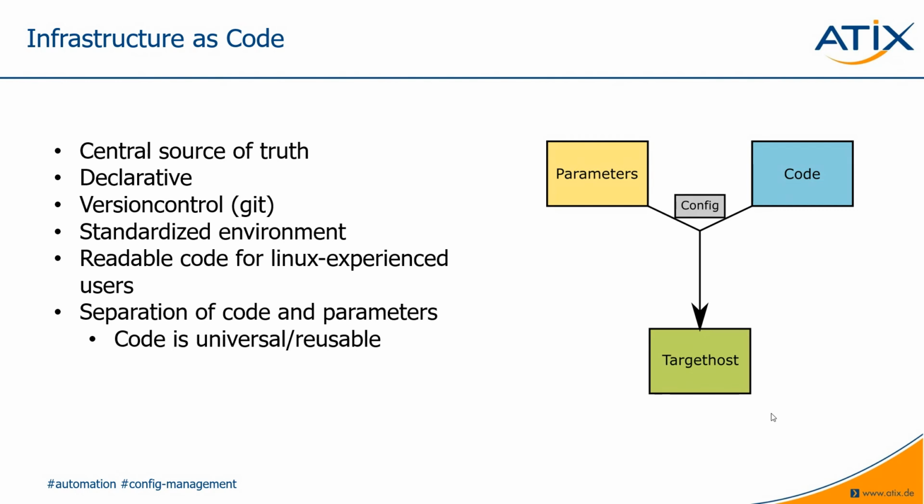On the other side, you have the parameters, and the parameters together with the code merged result in a complete configuration. So in the easiest way, your code says implement a template, and in this template are some variables, and those variables are given in your parameters.